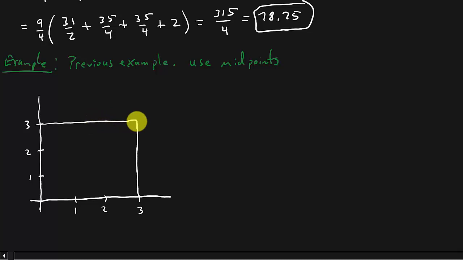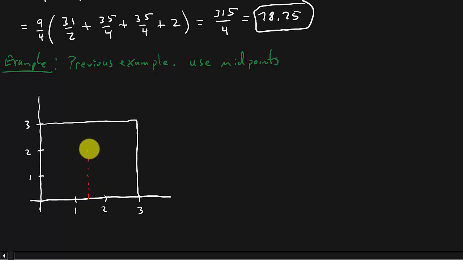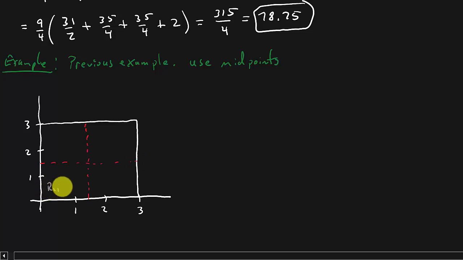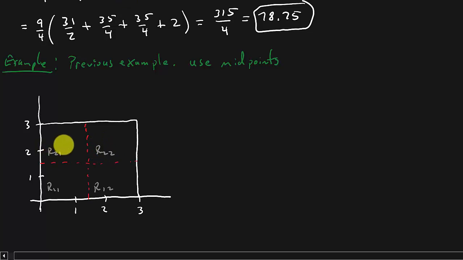And we've got our 4 equal squares. And this is R11, R12, R21, R22, and we are choosing midpoints right here.